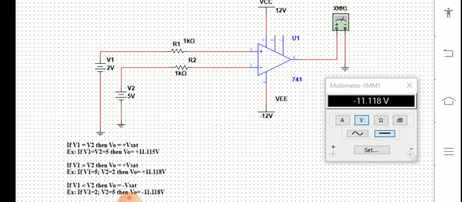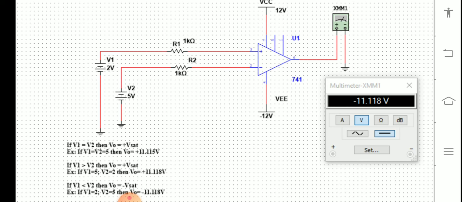So there are 3 conditions when your op-amp has 2 inputs at its 2 terminals. V0 will be at plus V saturation when V1 is equal to V2, and V0 is equal to plus V saturation for V1 greater than V2.